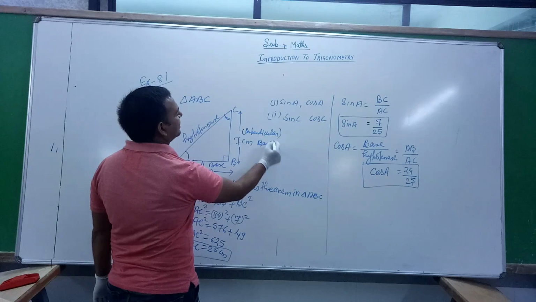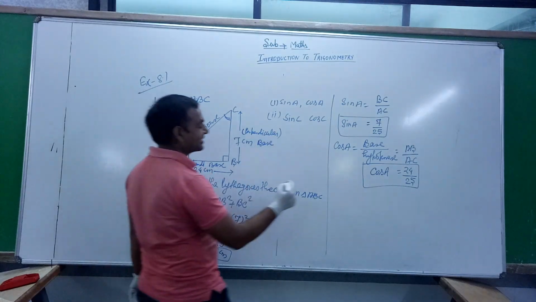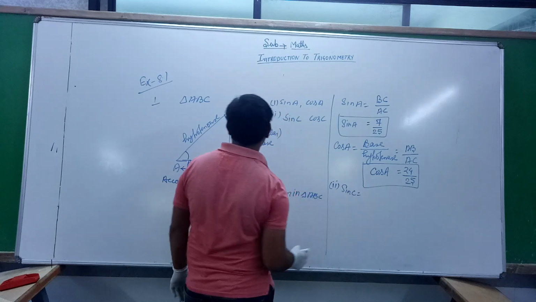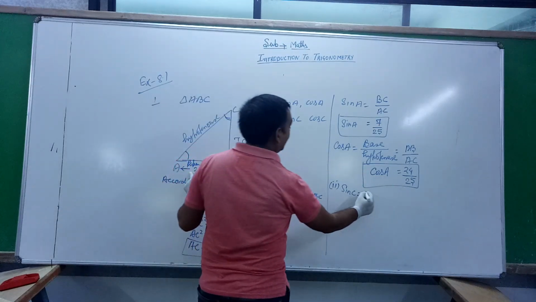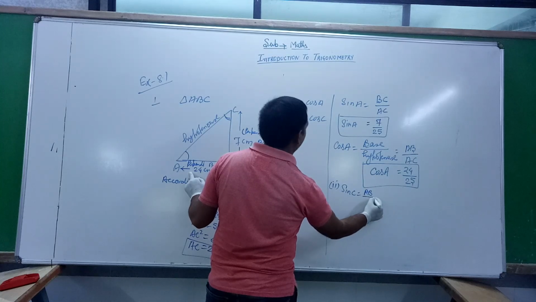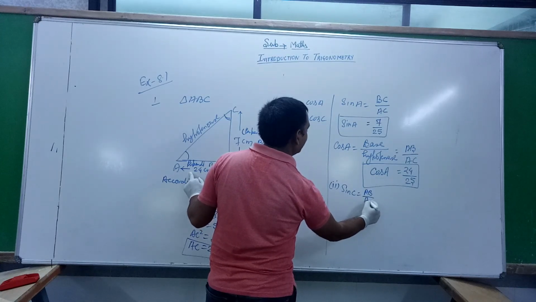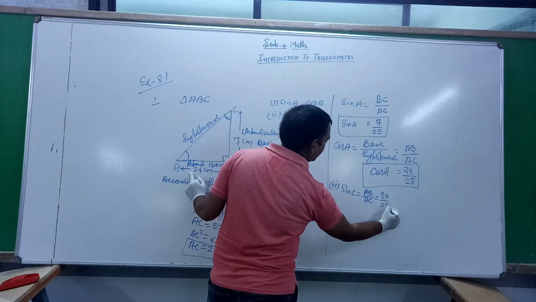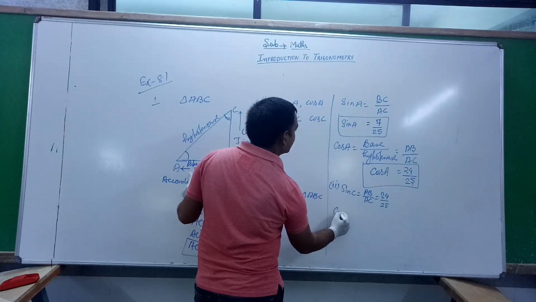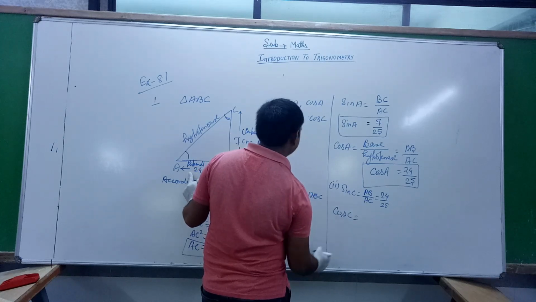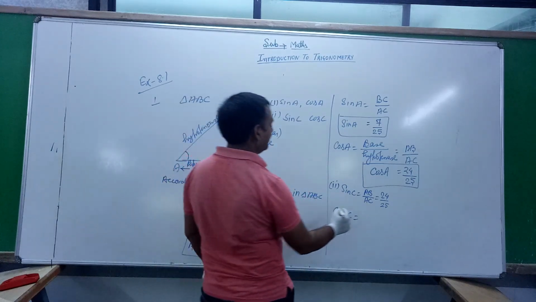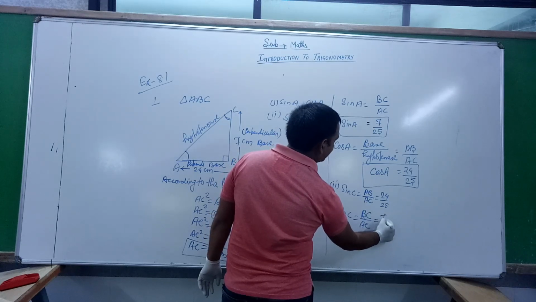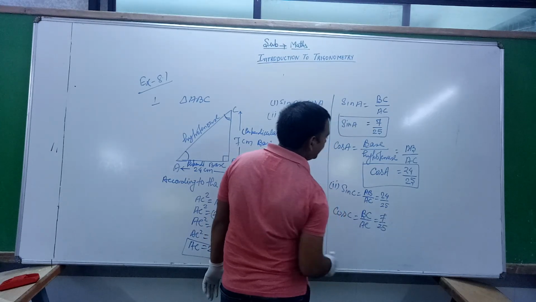If you take the angle C, then sine C is equal to AB, because it is perpendicular upon hypotenuse, that is AC, so it is 24 upon 25. Then cos C is equal to base, this is BC, upon AC, that is 7 upon 25, right?